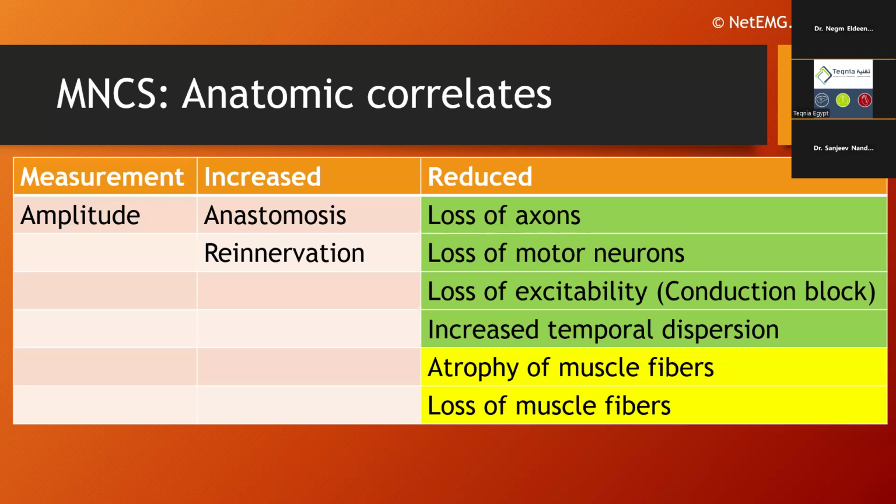The amplitude will tell you how the reinnervation is progressing. We can have reduced amplitude due to loss of axon, loss of motor neurons, loss of excitability, for example, in conduction block. So that's a classic example where we find the amplitude is reduced.